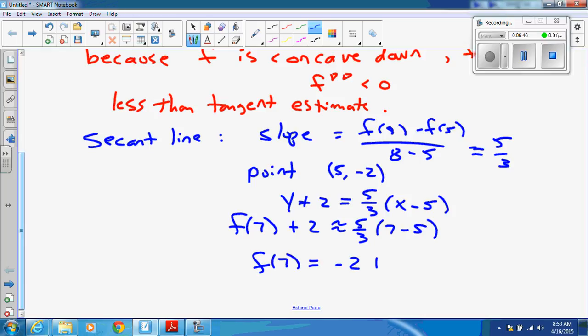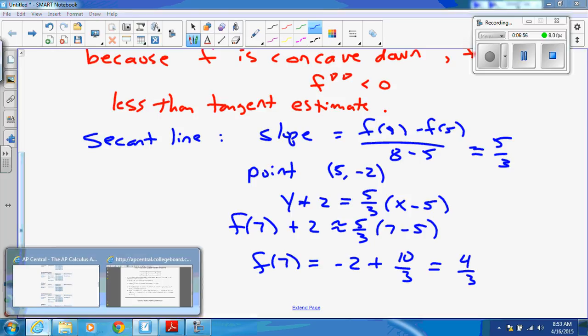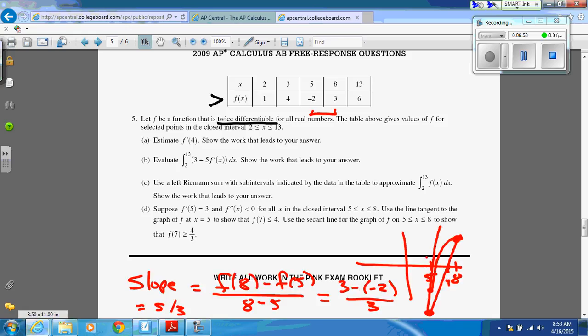And solving for f of 7 gives us negative 2 plus 10/3, which is equal to 4/3. Aha! Again, we are fortunate in that when we did the secant line estimate, we get the value that we have right here. And so we ask, well, why should it be the case that my secant line estimate is definitely smaller?